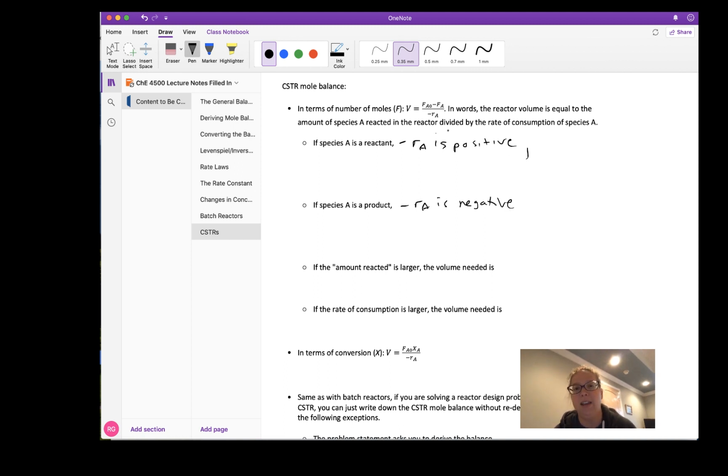Additionally, if A is a reactant, that means that the amount leaving the reactor is less than the amount entering. So this numerator here is positive. If A is a product, that means the amount leaving the reactor is going to be greater than the amount entering, so the numerator is going to be negative.